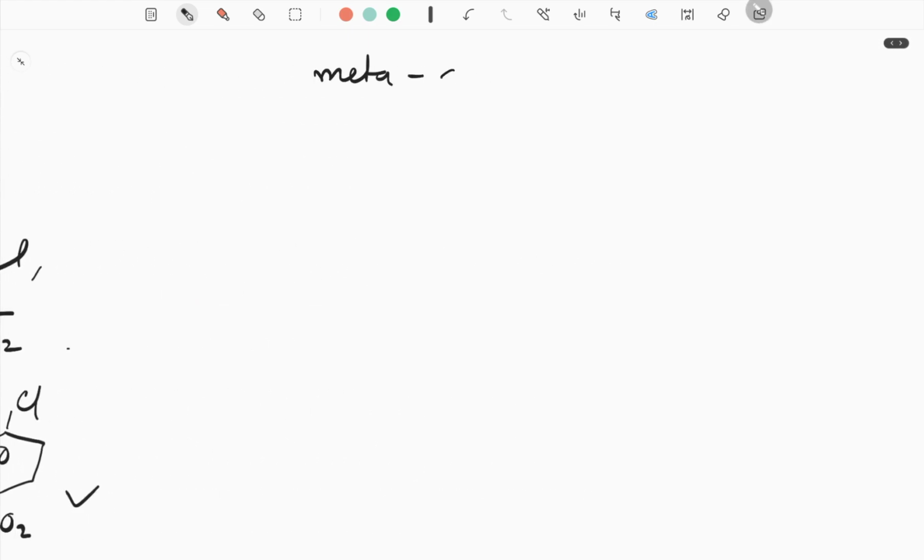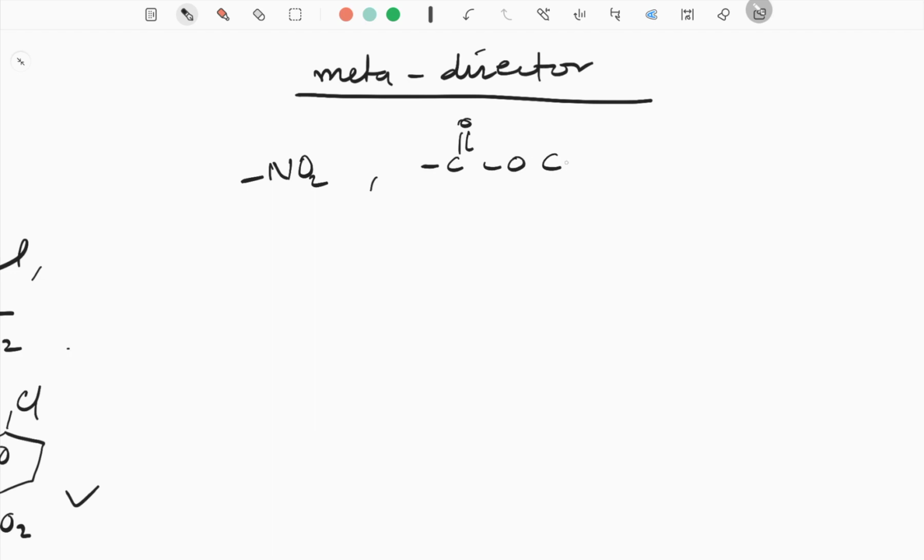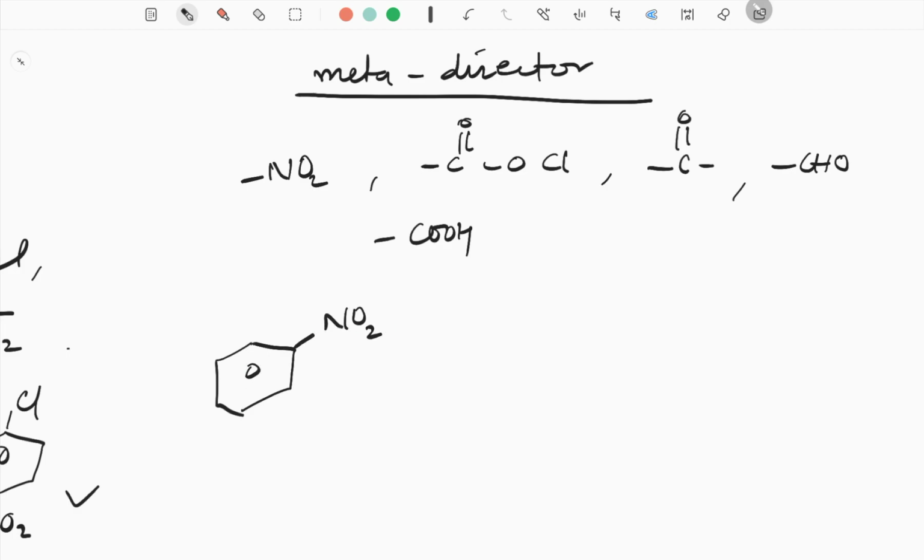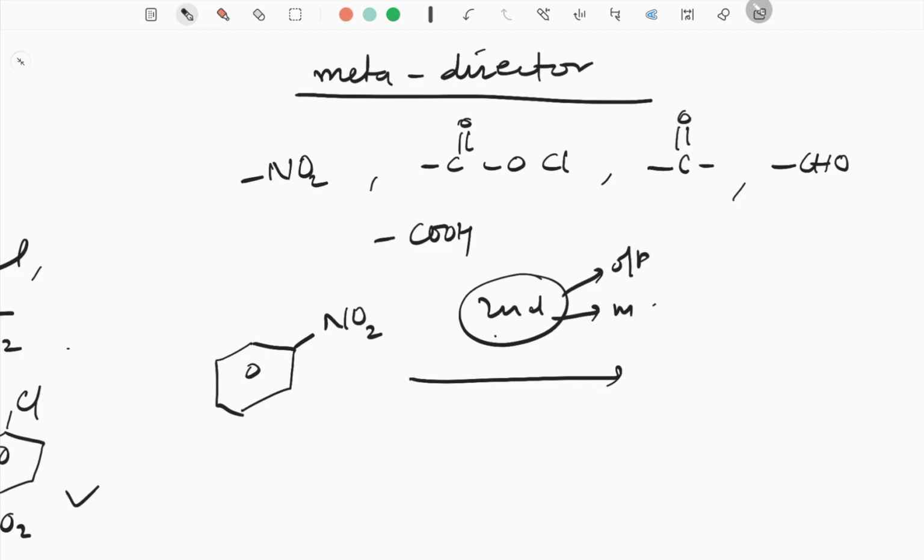Next is meta director. NO2, COCl, CHO, COOH. These are meta directors. For example, if a benzene already has an NO2 group attached, then whether the second substituent is ortho para directing or meta directing will be decided by the NO2 which is attached prior to the second one.